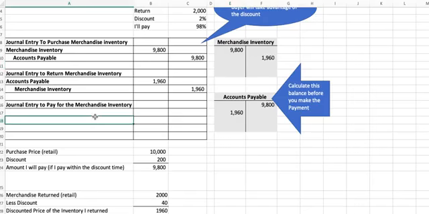The last journal entry you need to know is how to pay off your bill. But before we pay off the bill, we have to calculate the balance of what we owe. So I'm going to go ahead and total out these T accounts.